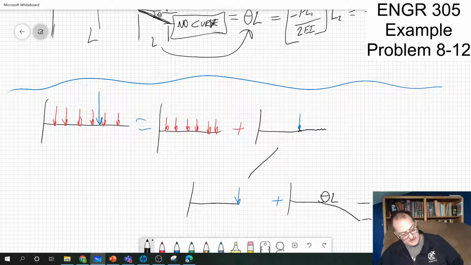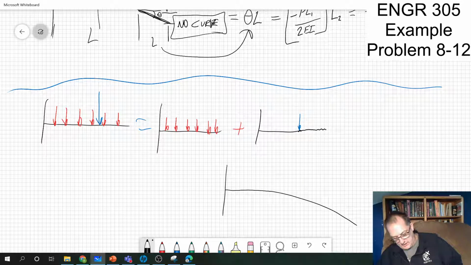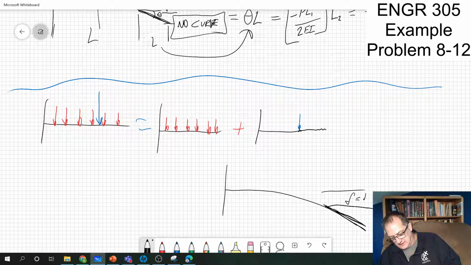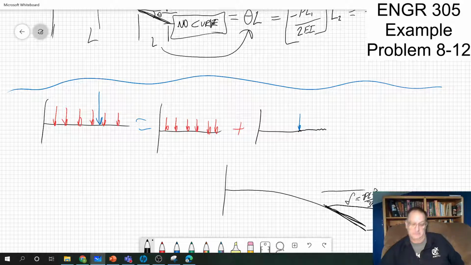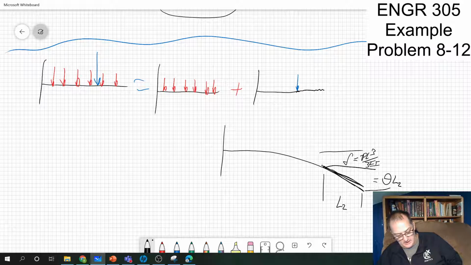I'm not sure how to conceptually draw that, because really we had that, where that's straight, and this deflection is delta equal to negative PL cubed over 3EI, and this deflection here is equal to theta L2. And maybe there's my L2. And this is my L1.